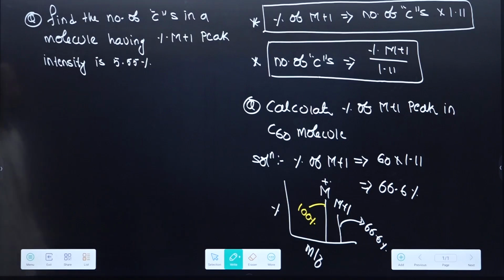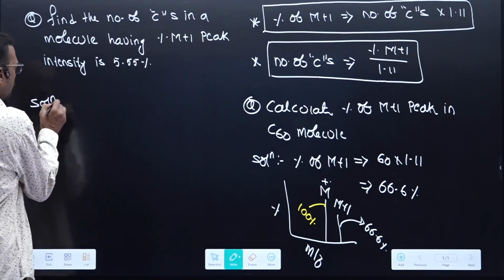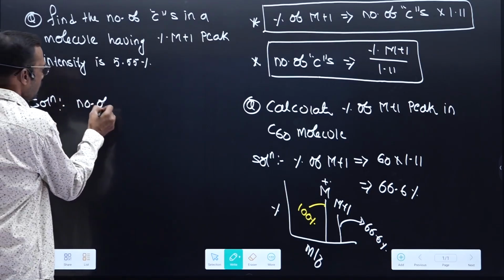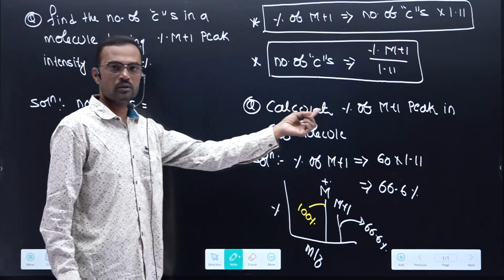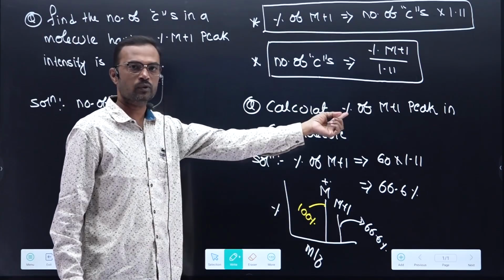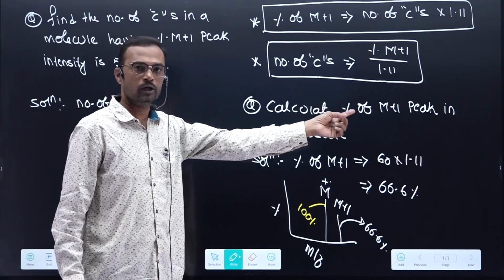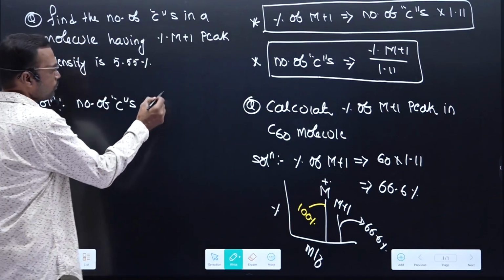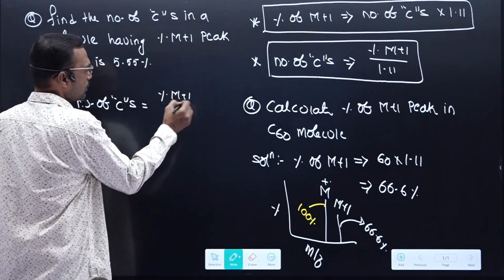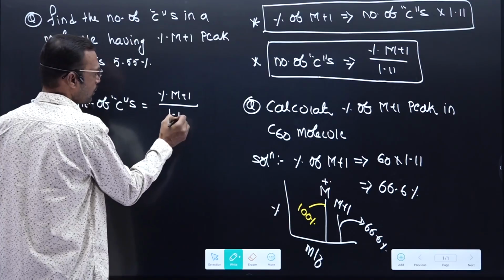It's only 5.55 percentage, and I would like to calculate how many carbons are present. Very easy. What is the formula? Percentage of M plus 1 is equal to number of carbons multiplied by 1.11. So the number of carbons is equal to M plus 1 by 1.11.